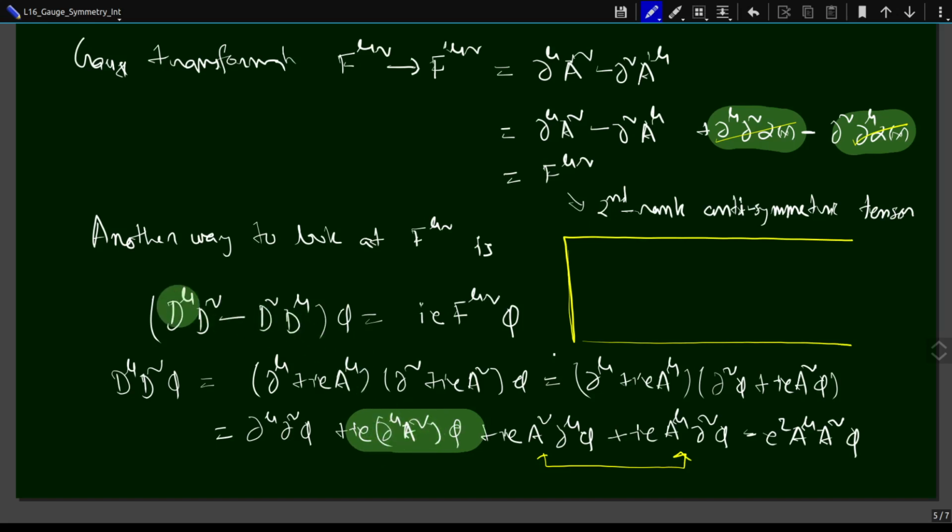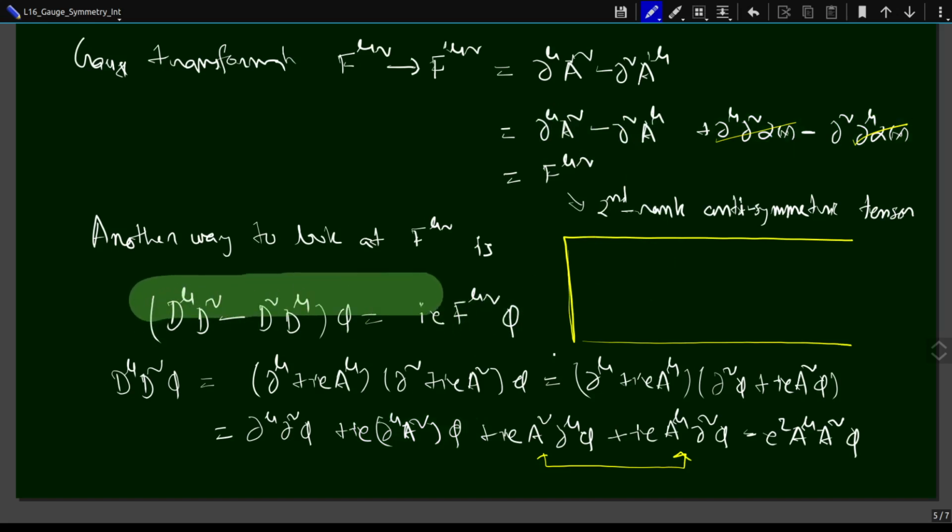So F mu nu will naturally appear over here; the expression for F mu nu is above. This is one way to define F mu nu, which we will use later when we talk about the non-abelian gauge field theories.